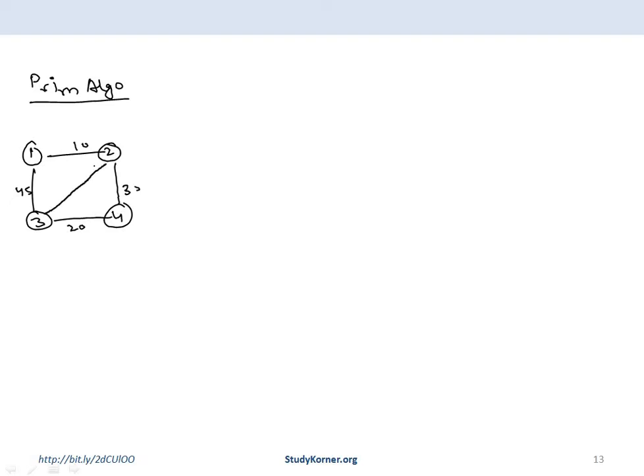The diagonal element has edge weight 40, and there is a node 5 with the edge weights 55 and 25, and node 6 with the edge weights 50 and 60. So this is the graph given.